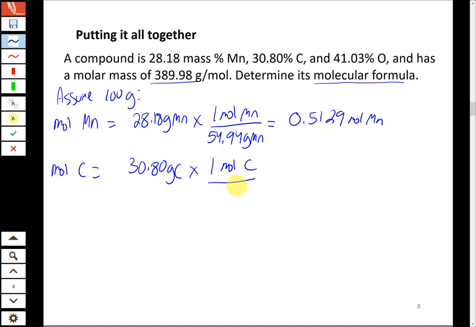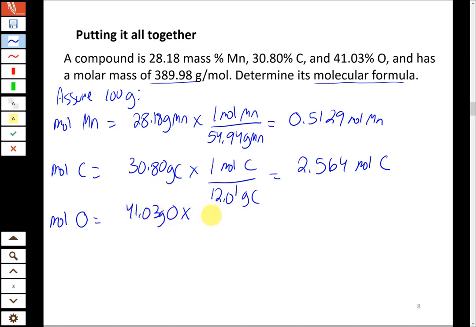We just divide by its atomic mass, 12.01, to get 2.564 moles of carbon, and then we do the same thing for oxygen. 41.03 grams, which gives 2.564 moles of oxygen. Okay, so we have moles of each element now.